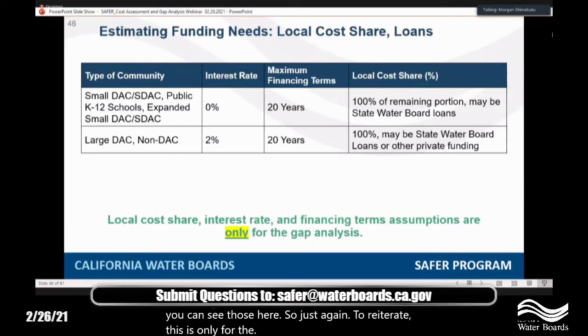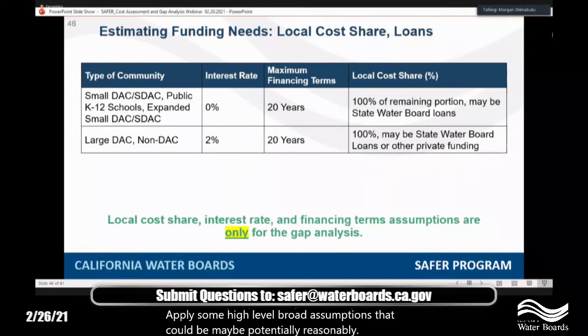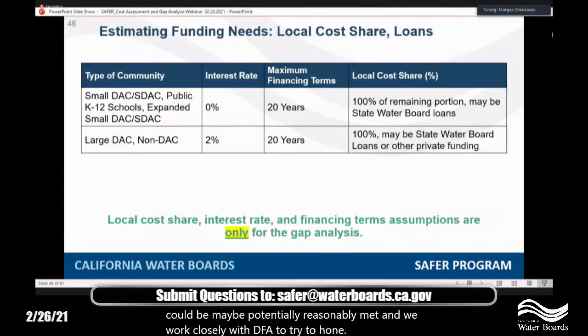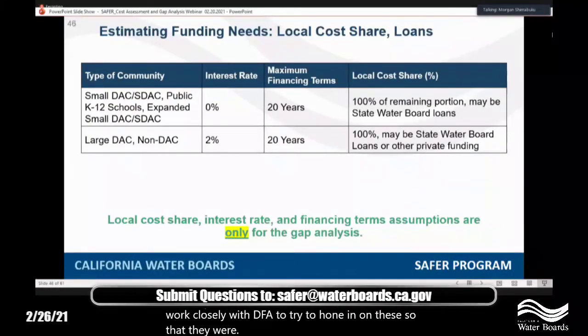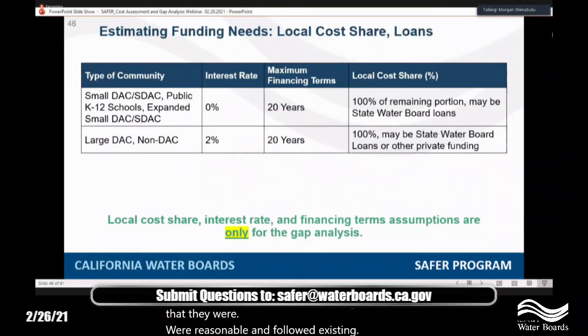We had to apply some high level, broad assumptions that could potentially reasonably be met. And we worked closely with DFA to try to hone in on these so that they were reasonable and followed existing documentation of how these loan and grant programs work.